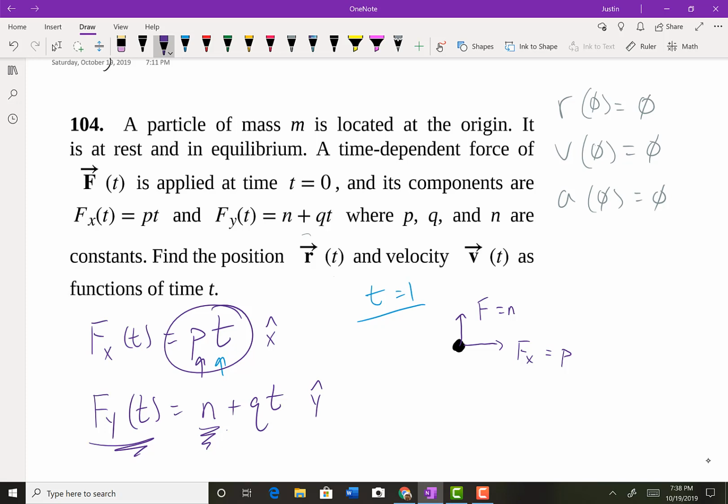And then in the y direction, again t equals 1, so I'd have a force along y that's n plus q. So that means the y component's going to get a little bigger, and this force in the y direction is going to be n plus q. And then when t equals 2, this gets bigger and this gets bigger, etc. So the force is changing as a function of time.